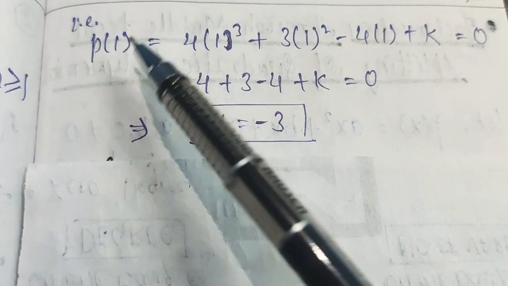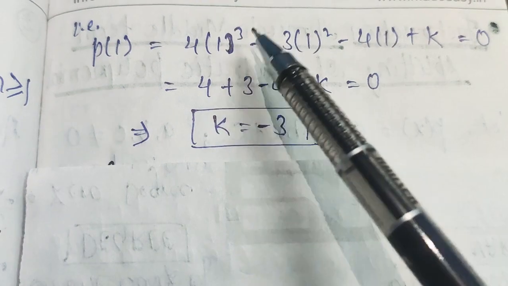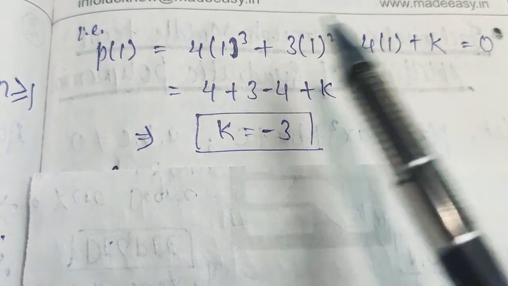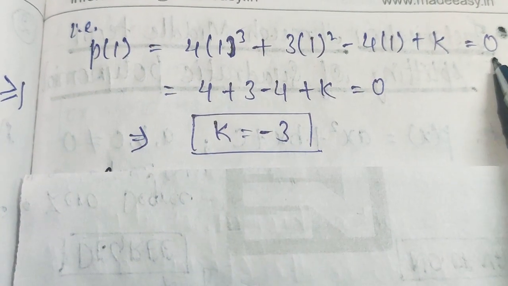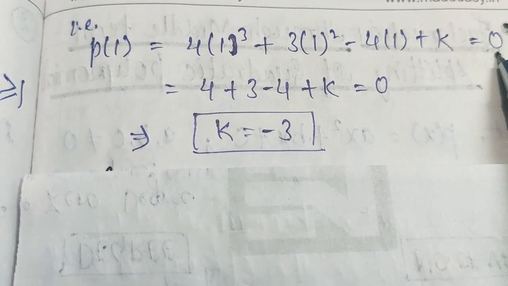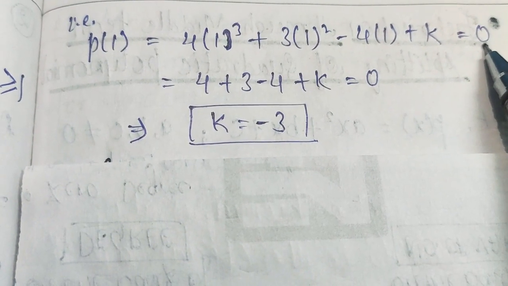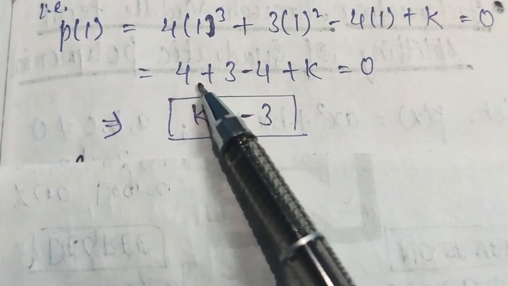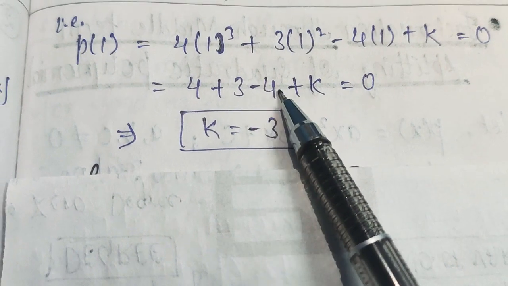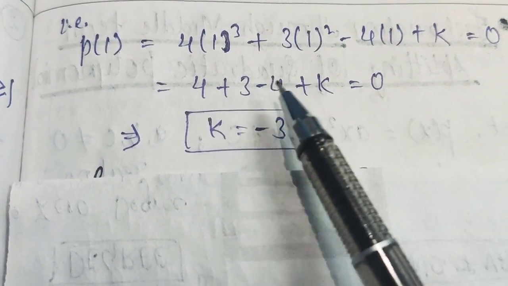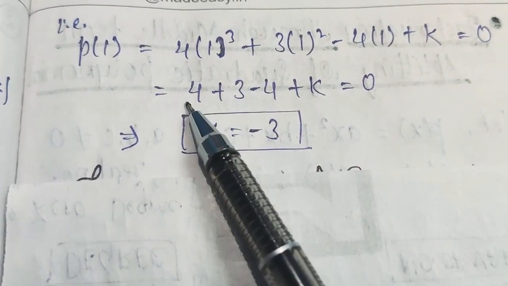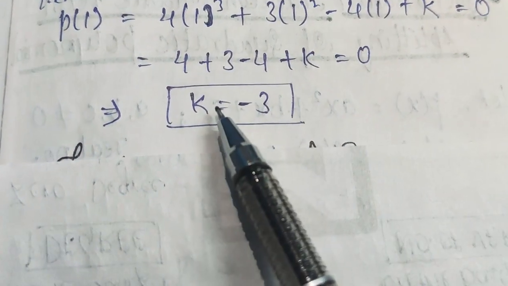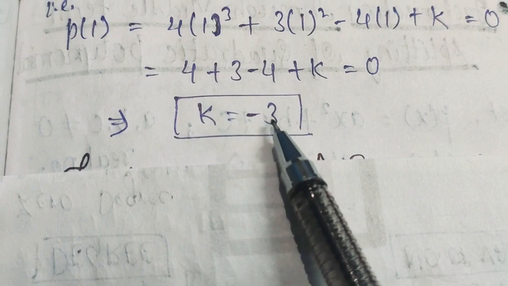So p(1) will give you 4 into 1 cube plus 3 into 1 square minus 4 into 1 plus k, and this value is equal to 0 according to the factor theorem, because g(x) is the factor of p(x). So here you can see 4 plus 3 minus 4 plus k equals 0, which means 4 minus 4 will cancel out and 3 plus k equals 0, implies k equals minus 3.